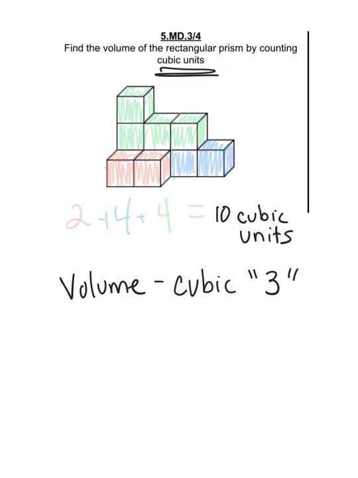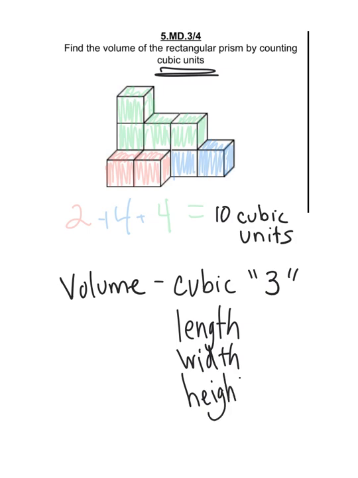The 3 dimensions are length, width, and height. So that's why it's cubic, or 3 dimensions. You can have cubic centimeters, cubic feet, cubic yards. I suppose you could even have like cubic miles if you were talking about something really huge.